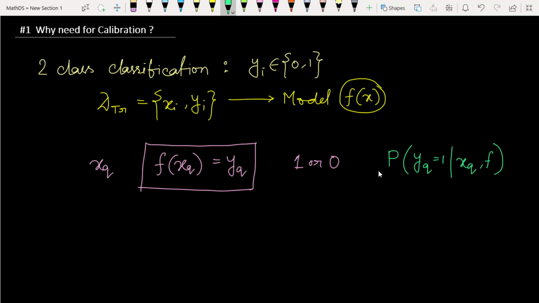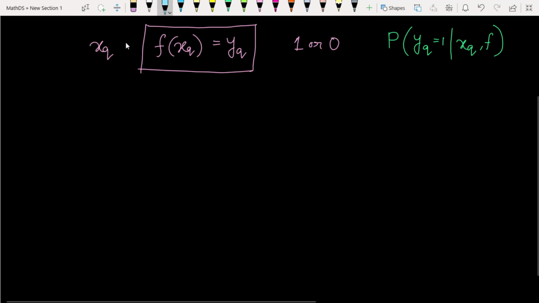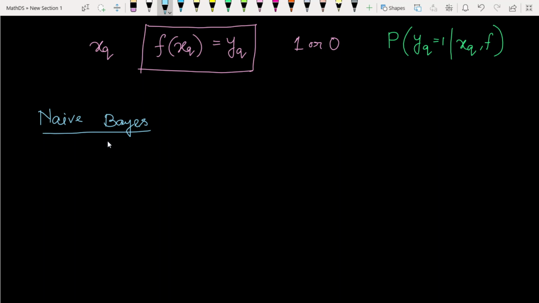If you remember the naive Bayes classifier, we have already completed it. We simply used the concept of conditional probability, the Bayes theorem, and based on this theorem we developed this classification algorithm. In naive Bayes, we have to find the probability of yq equals 1 for a given query point xq.